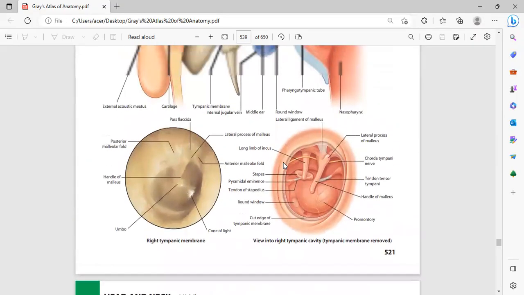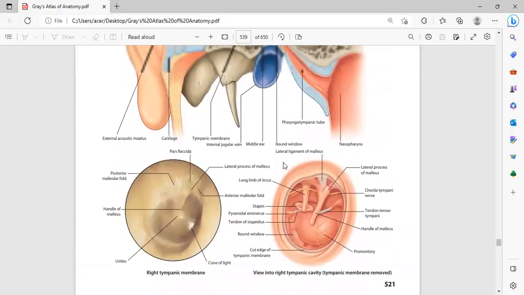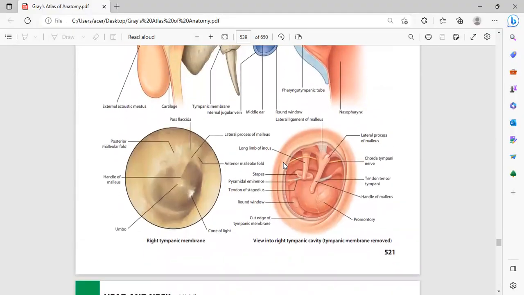First let's look at the tympanic membrane. So this is our tympanic membrane. The tympanic membrane is basically a thin fibrous tissue, covered externally with a thin layer of stratified squamous epithelium and internally with low columnar epithelium.